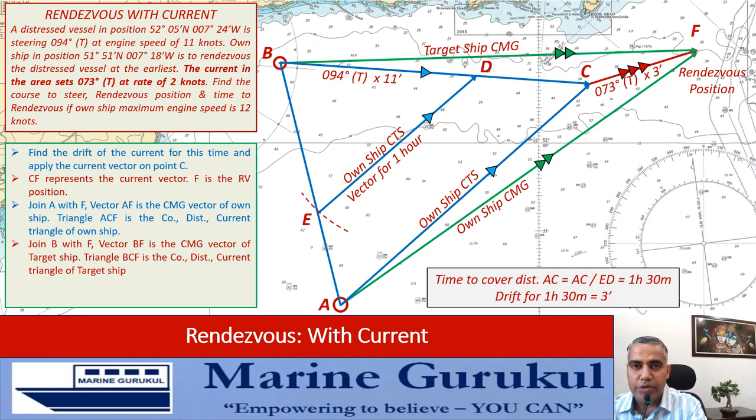The time to rendezvous is also unaffected by the presence of current in the area. The only change which comes in this scenario when current is present in the area is in the rendezvous position. When we were plotting without current, the rendezvous position came as point Charlie, but when there is current in the area, the rendezvous position comes out to point Foxtrot.